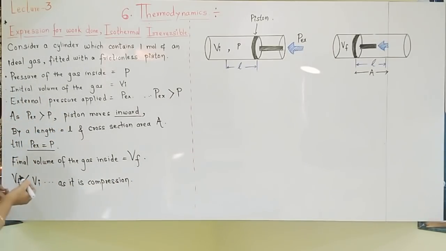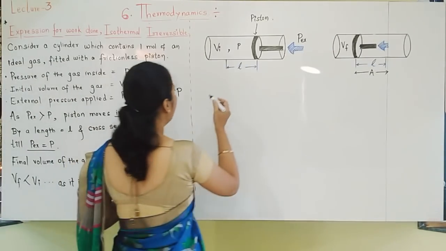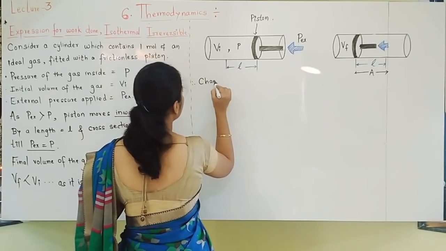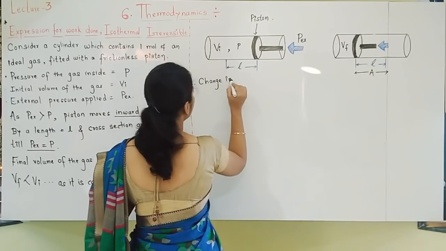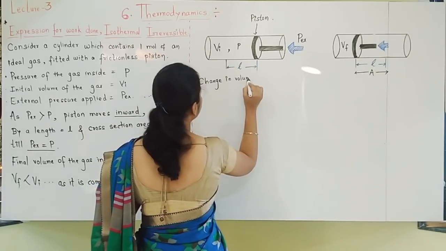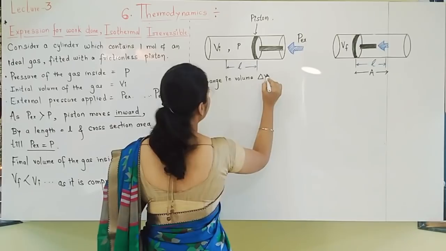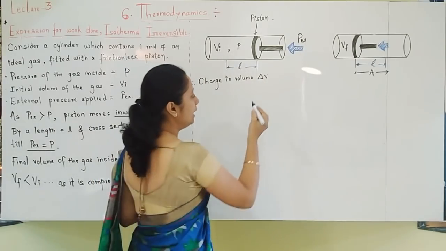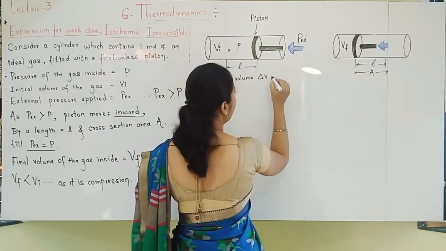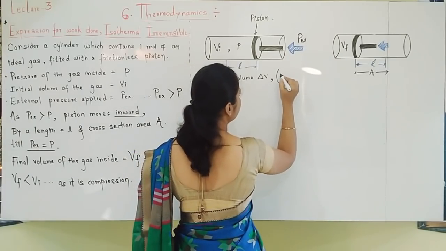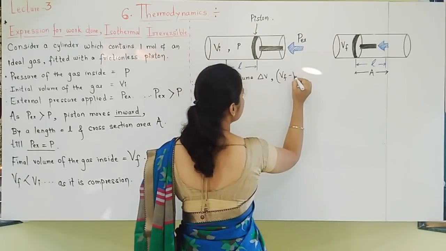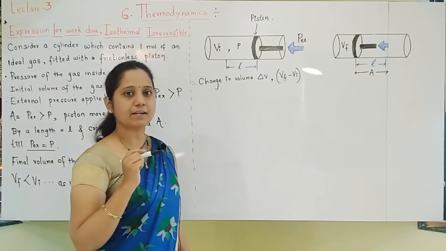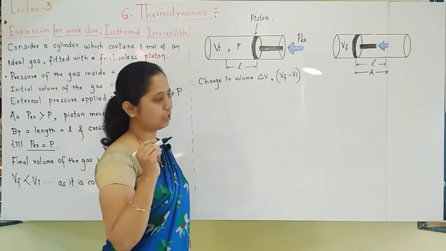Now how much change in volume takes place? Change in volume we will show by delta V. I can write change in volume as final minus initial. Delta V is equal to final volume minus initial volume.